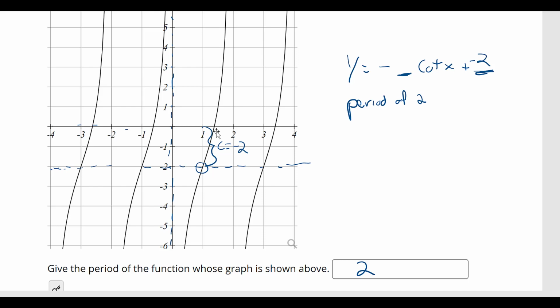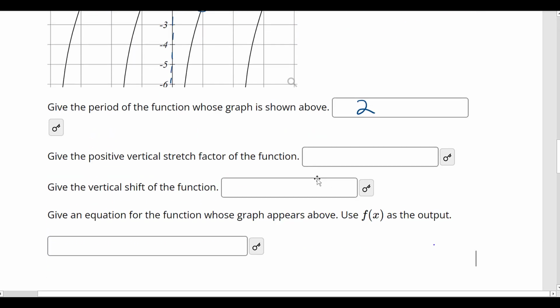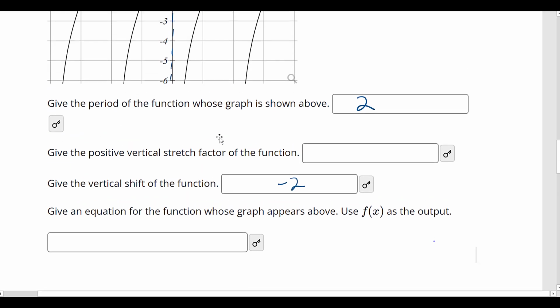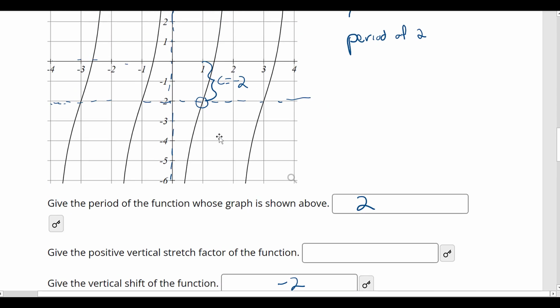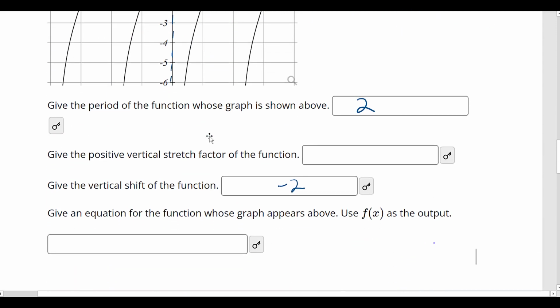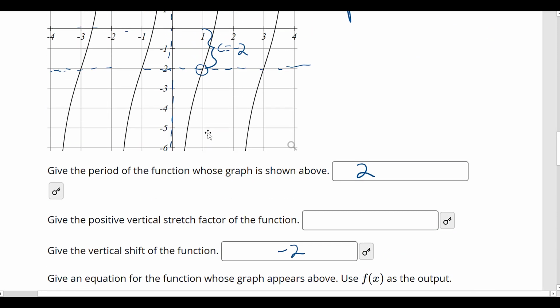And that's actually a question down here. But it's helpful for me to see that before I go to the vertical stretch. And here we're going to look for a value. It's going to be a little tougher with this one, given that we have a period that's not pi.